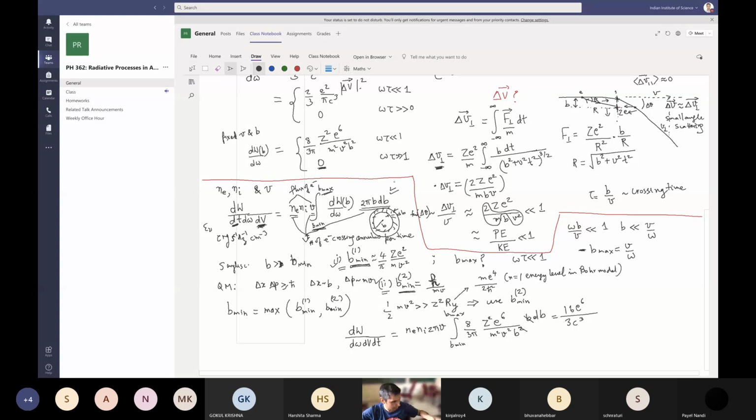Oh, where am I missing this c cube factor? Just a second. The integrals and so on are a little ugly and tedious, but they are not hard.